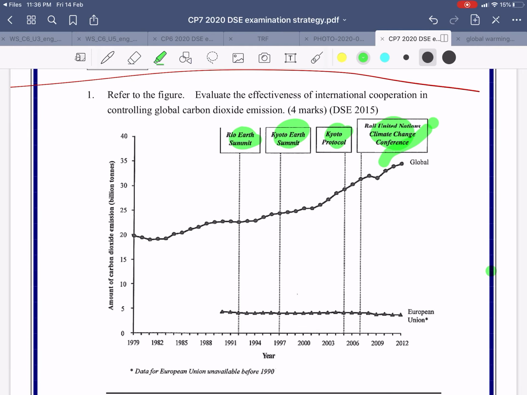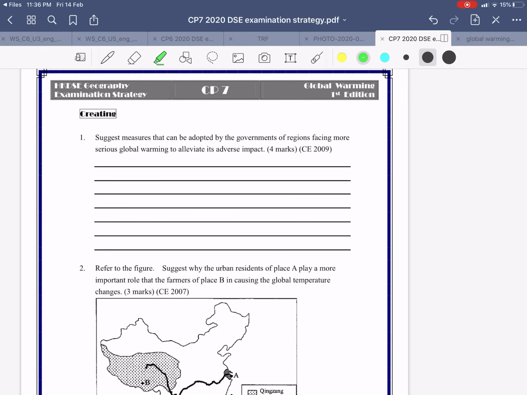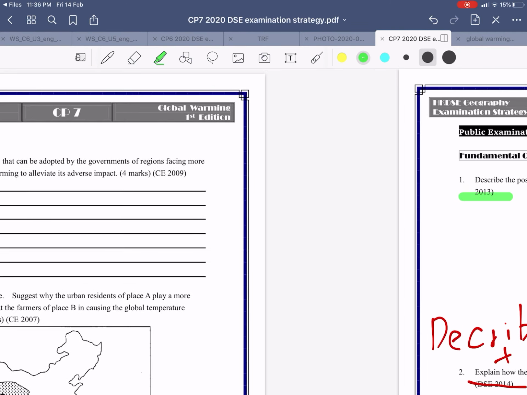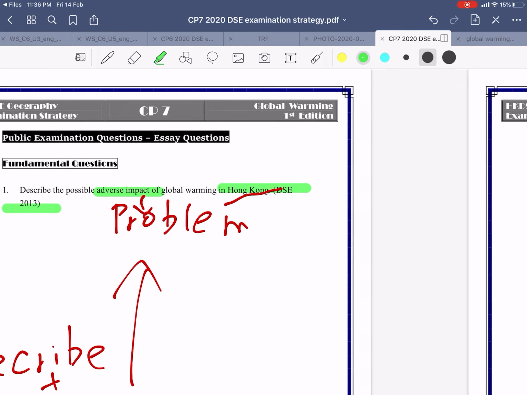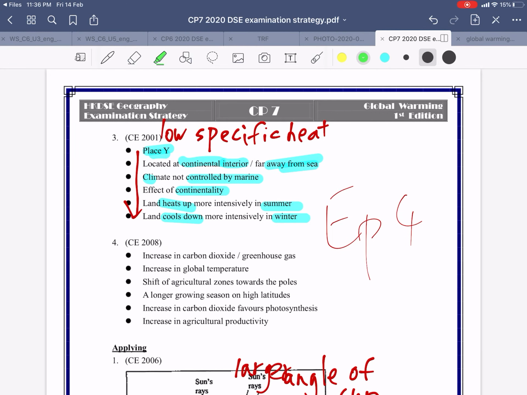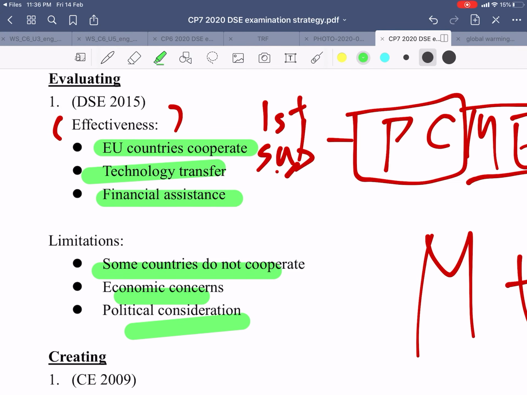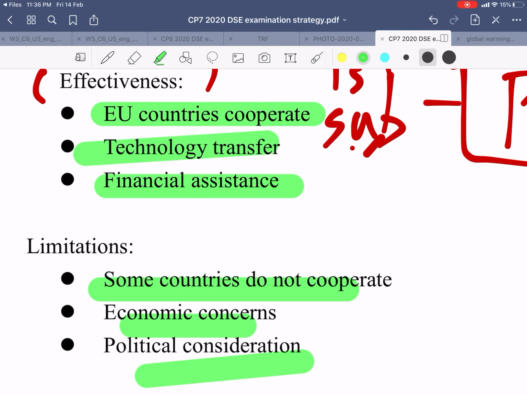So accordingly, what should you do? You're going to need some perspective in order to digest this question. How to digest this question? You have to pinpoint some aspect that you would like to examine. For example, in the graph there are some points you can draw out. The EU is relatively more cooperative.